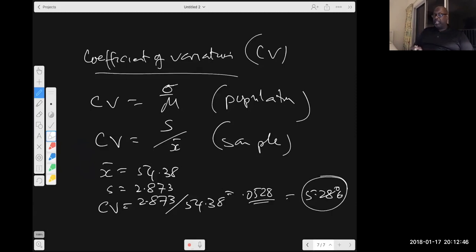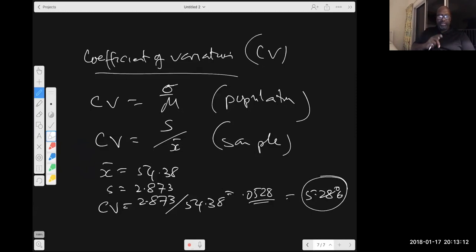What does that tell us? It means that the teachers, all of them, are spending approximately the same amount of time. If there was a lot of variability, it means that some teachers are spending a little bit of time, some teachers are spending a lot of time. But because there is not a lot of variability between the values, that's why we have such a low coefficient of variation. A normal coefficient of variation is about 20%, 25%.